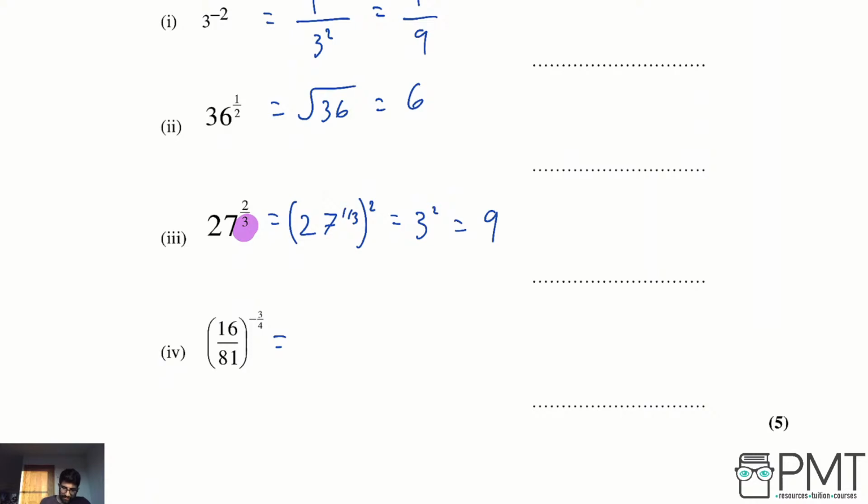The negative sign will still make it reciprocal. But what is the reciprocal of a fraction? Previously we had just constants: 2 became 1 over 2, you took the reciprocal, it was 1 over. But what is the reciprocal of 16 over 81?